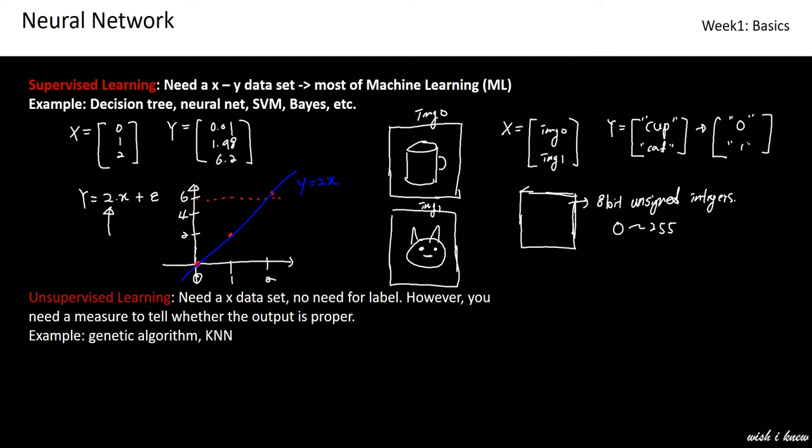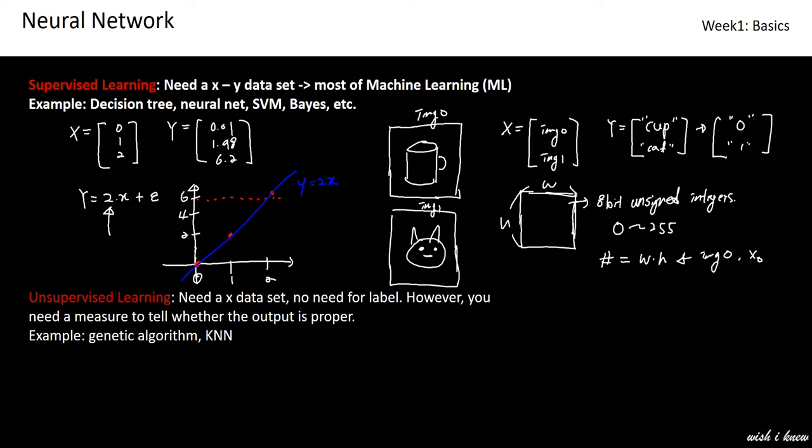Say your image width is W and height is H. Your number of data will be W times H, and that is your img0 or your x0. So your x0 has a lot of numbers to process. We cannot even draw a point like this because it has such high dimension.